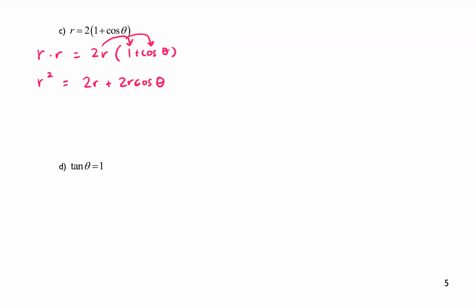Okay, so now we have the equation r squared is equal to 2r plus 2r times cosine of theta, and I know that r squared is equal to x squared plus y squared, and I know that r cosine of theta is equal to x, so we can substitute that to get 2x here. And then the next thing that I'm going to do is I'm going to subtract 2x on both sides. So I get x squared plus y squared minus 2x is equal to 2r.